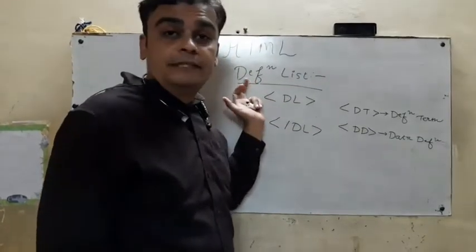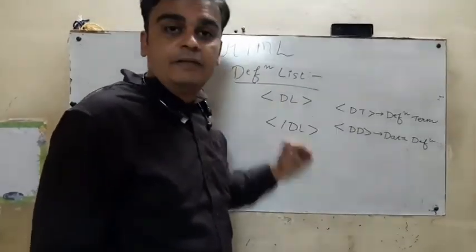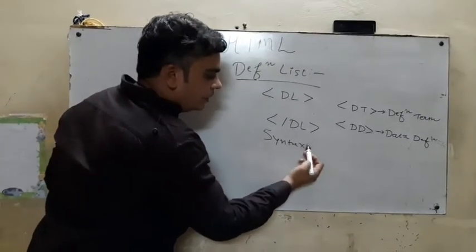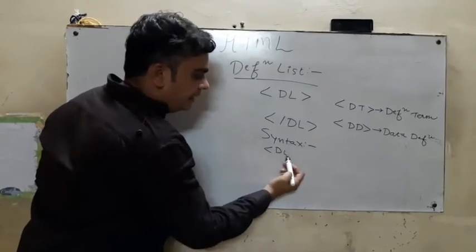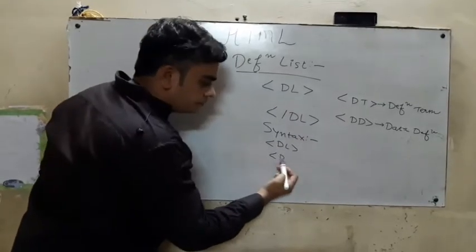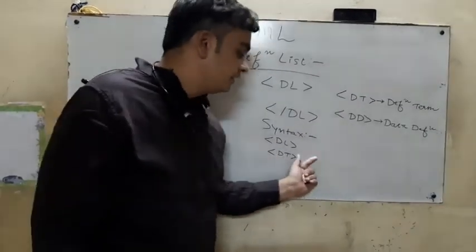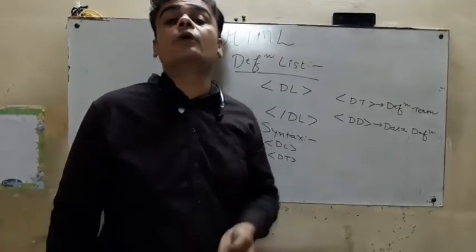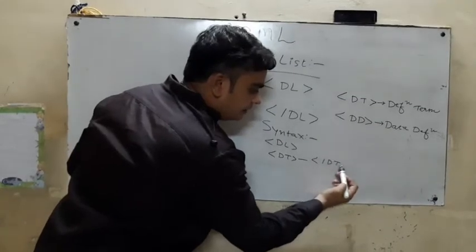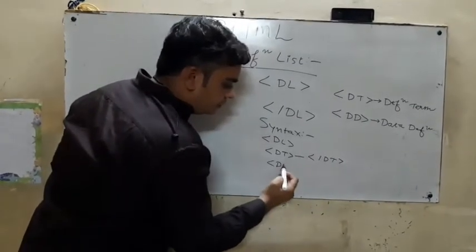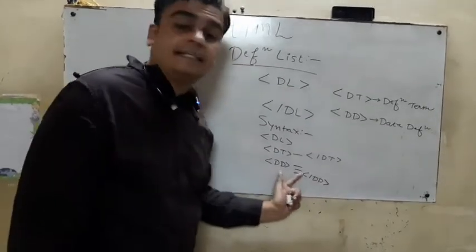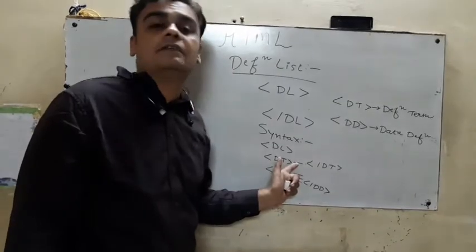So how am I going to represent a definition list in my web page? I will show you its syntax. I start with my definition list tag. Then the definition term has to be used. This definition term represents the subject about which you are going to write the definition. So this is my definition term, then /DT. Thereafter I am going to use the DD tag. This DD tag represents the actual definition related with DT.